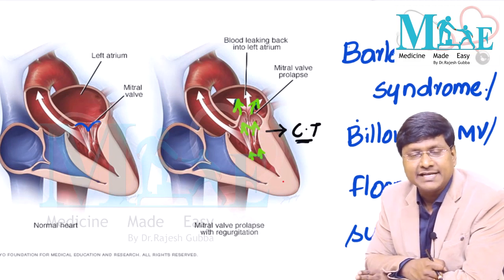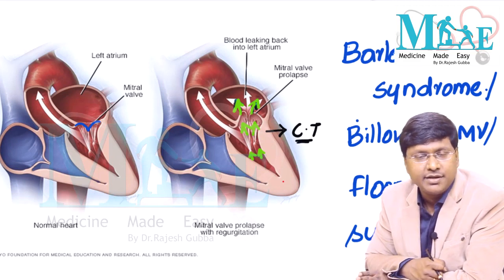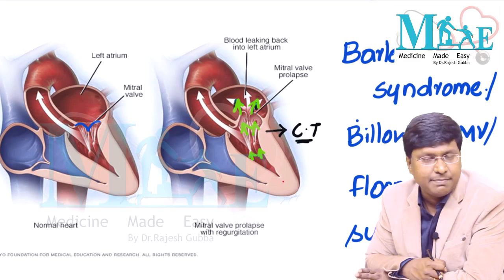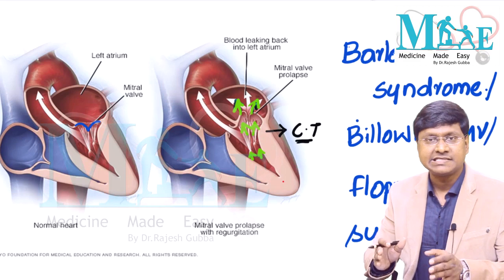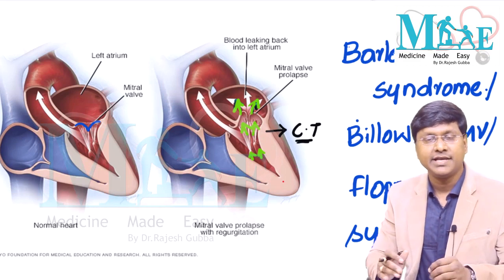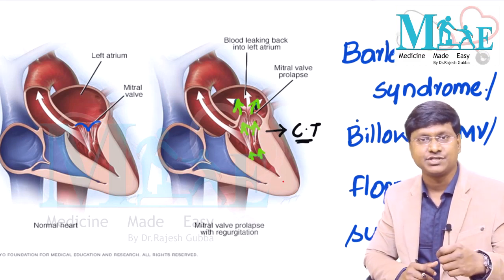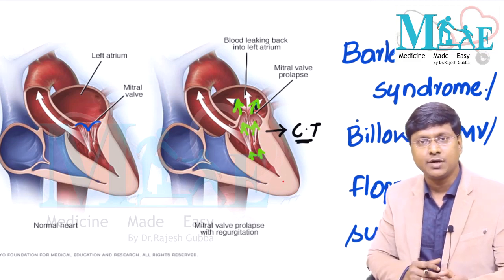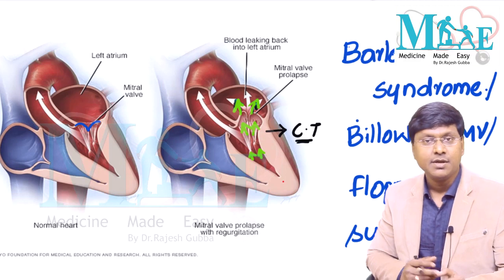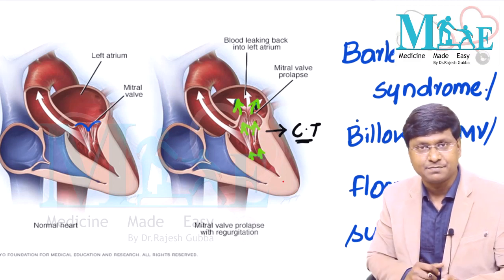Now, once the maximum stretching of your chordae tendineae and of your papillary muscles is over, then this particular chordae tendineae suddenly stop their further extension, beyond which if they extend, they get ruptured.